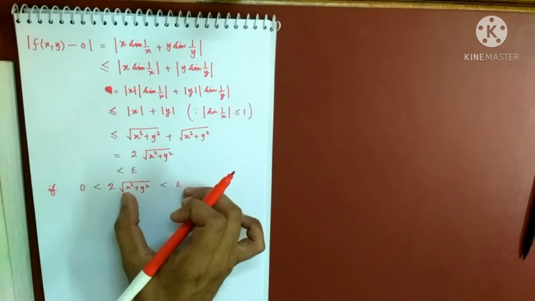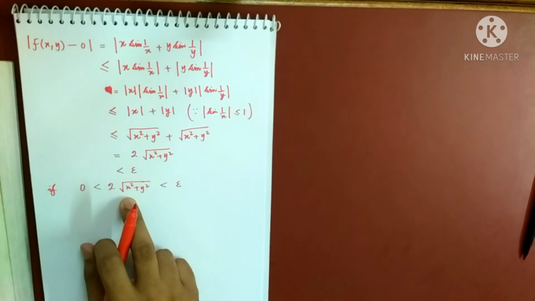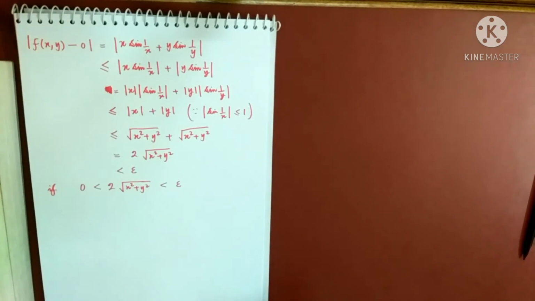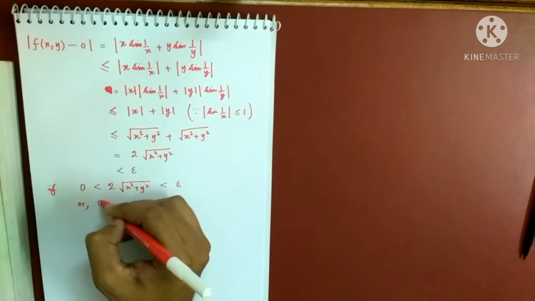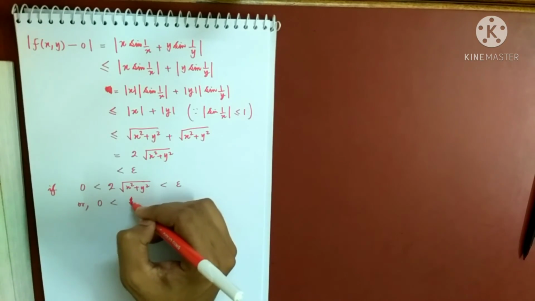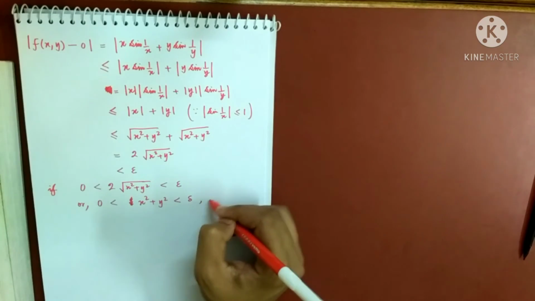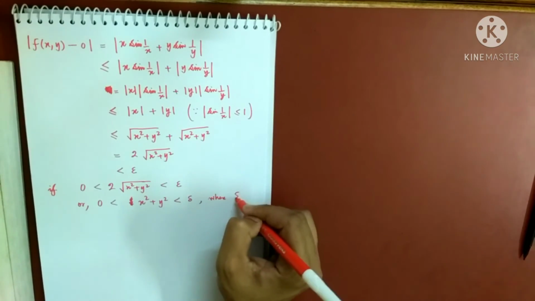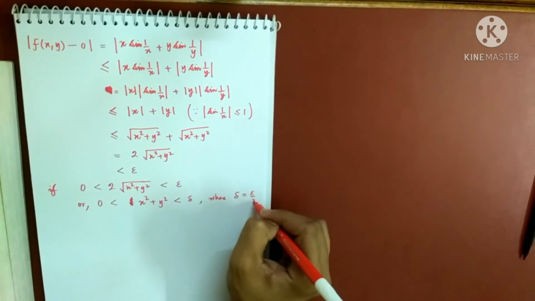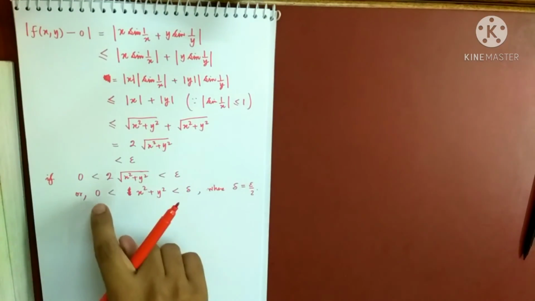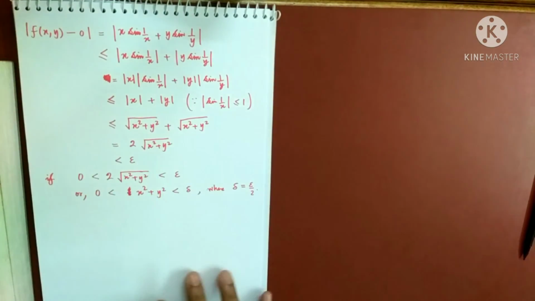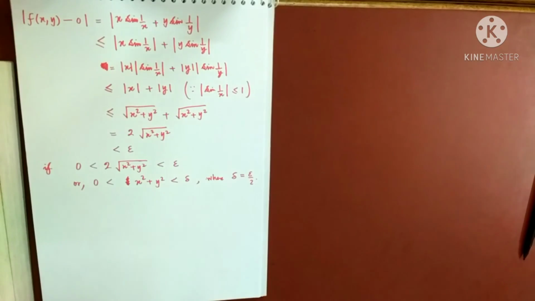So this quantity should be less than epsilon, and I am assuming that this quantity is greater than 0. Now again do the same thing. So or 0 less than root over x square plus y square less than delta, where delta equals epsilon by 2. So for any epsilon, I have found a circular neighborhood around 0, 0 for which this holds.